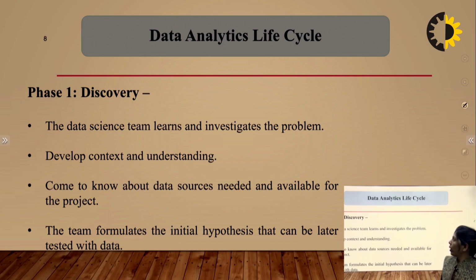The first one is the discovery of the data. Discovery means initially some hypothesis is made. The hypothesis can be decided in a meeting or with the interaction of various persons involved in the particular project. Then some of the tested data, some sample data from the population, is taken into account.